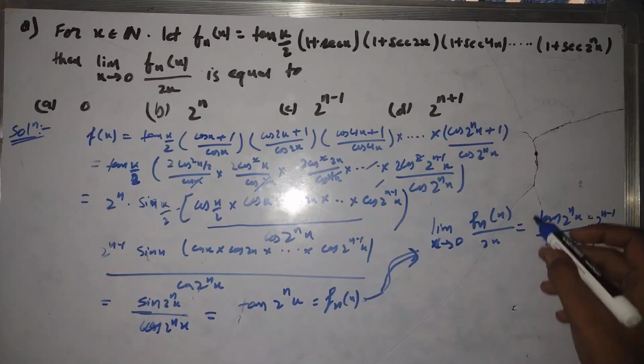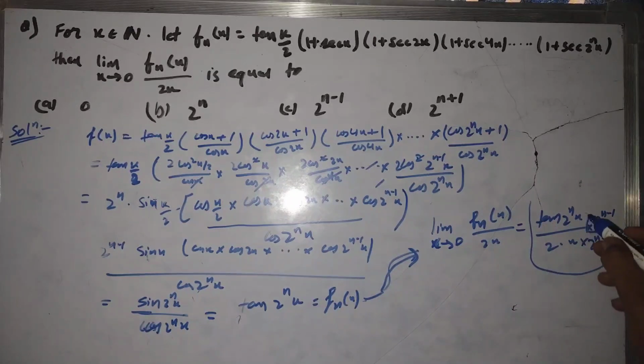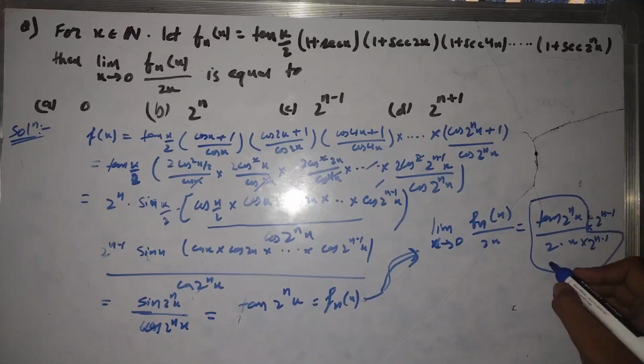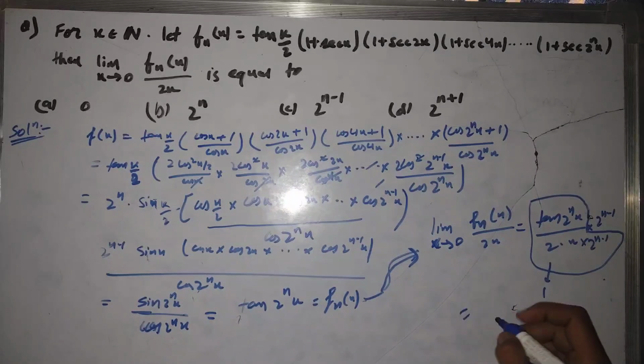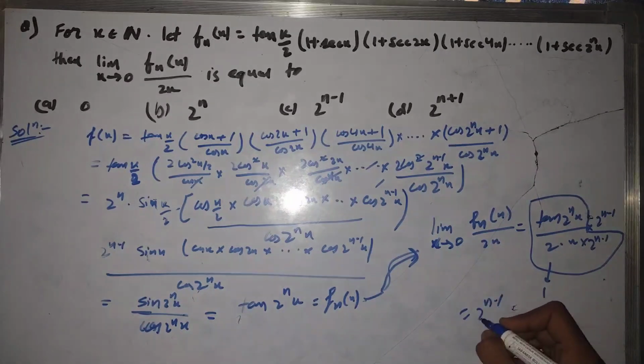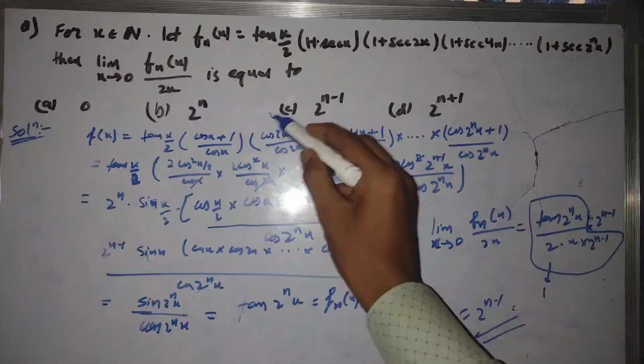Now this particular term is going to 1, so this limit is actually 2 to the power n minus 1. That's a beautiful problem, and an easy one also. So this is option number C.